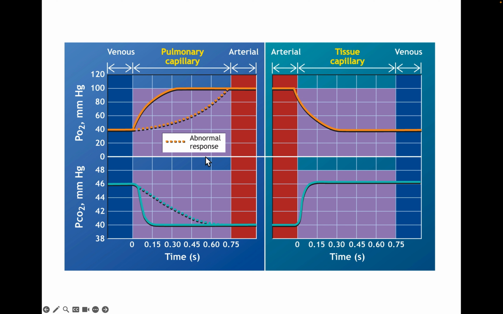Here's another visual representation of how much oxygen and how much carbon dioxide we have in different tissues in our body, looking at your capillaries, specifically the pulmonary capillaries, the capillaries in your lungs, and then your tissue capillaries, essentially the capillaries in your actual muscle tissue.